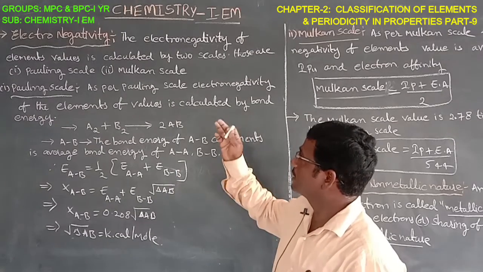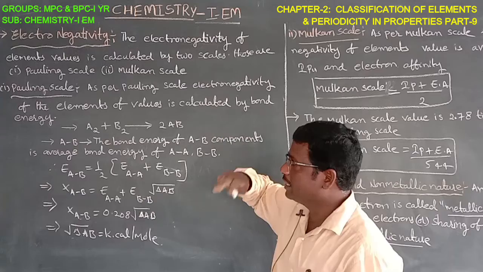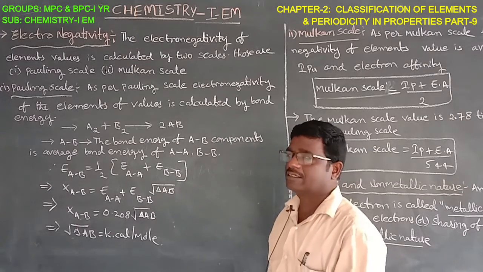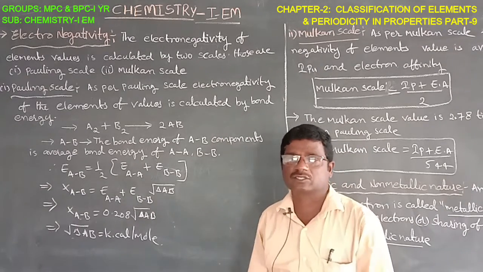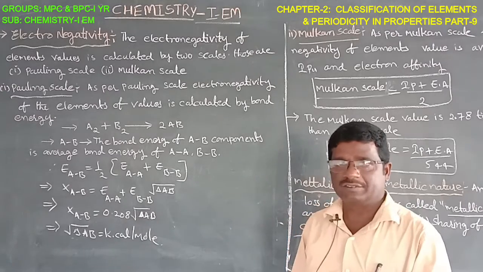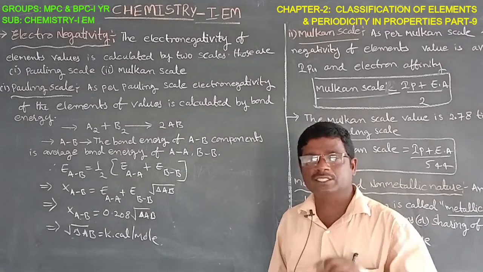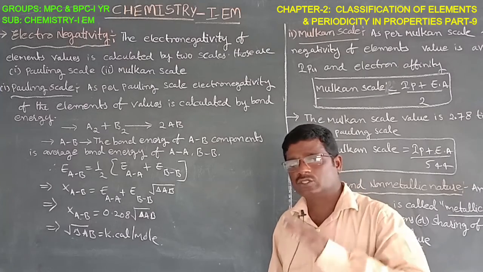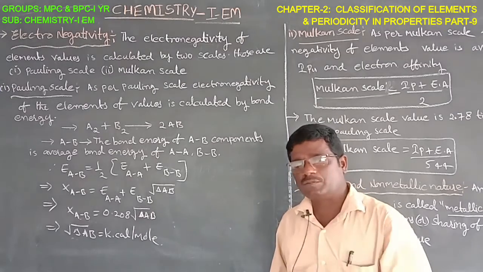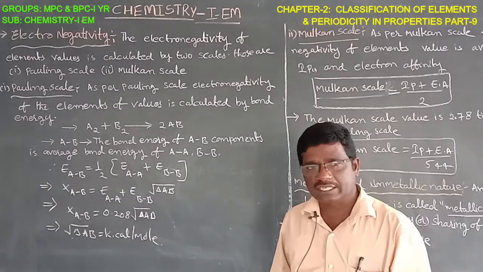Electronegativity values of the elements are calculated from the bond energy. The electronegativity values of the elements are calculated by two types of scales, the first one the Pauling scale and the second one the Mulliken scale.